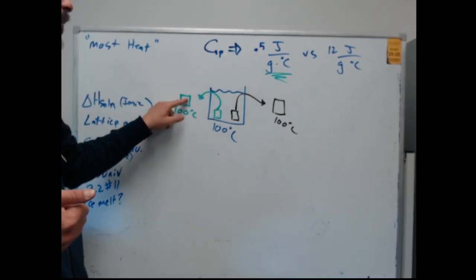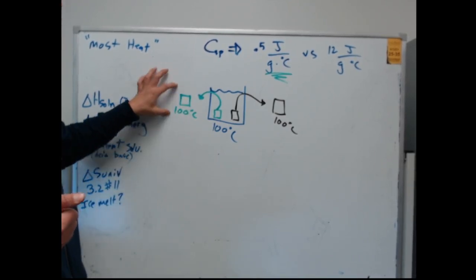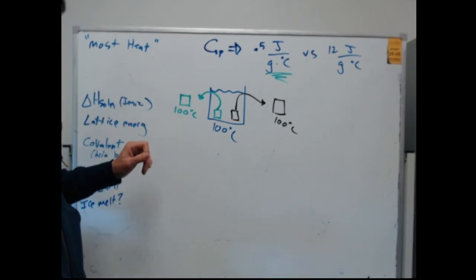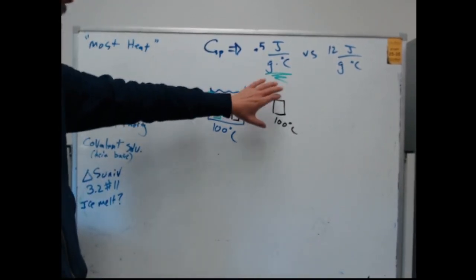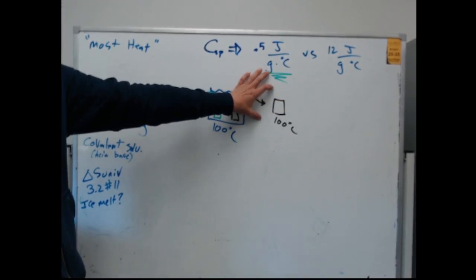So if these are 1 gram blocks, at 100 degrees Celsius it's got 0.5 joules for every degree Celsius. How much energy could it lose? 0.5 joules for every degree Celsius, versus this one, which is 12 joules for every degree Celsius.